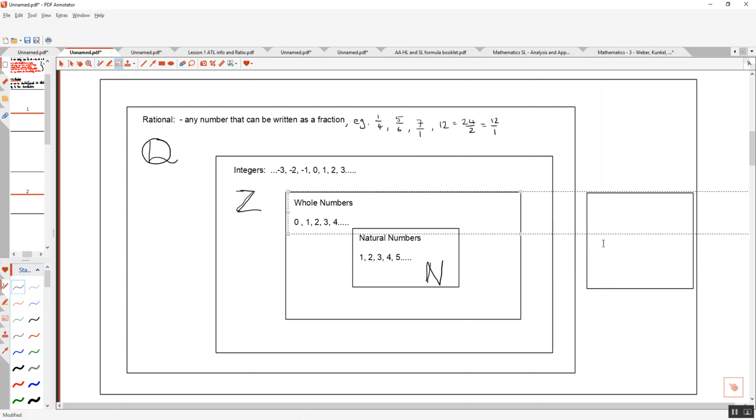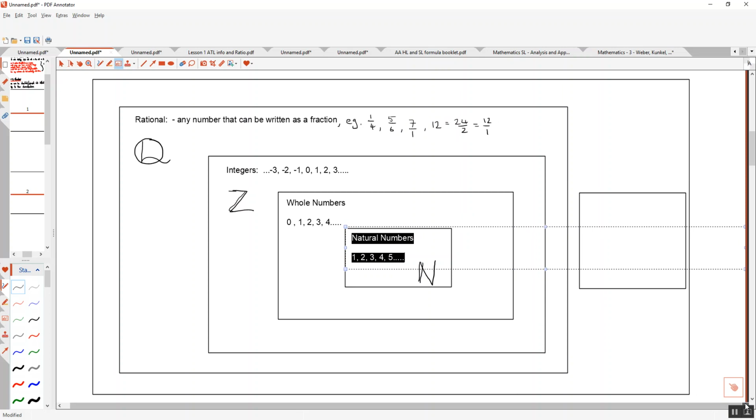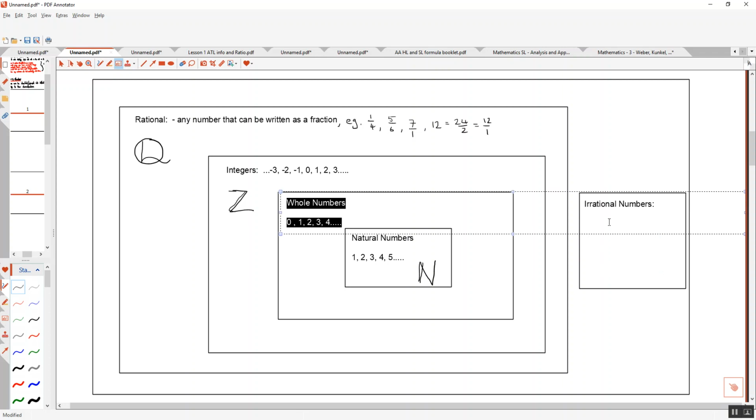Yep, these are irrational numbers. Now, they don't get a special symbol. And this is what we're going to look at today. We're going to find out what irrational numbers are.